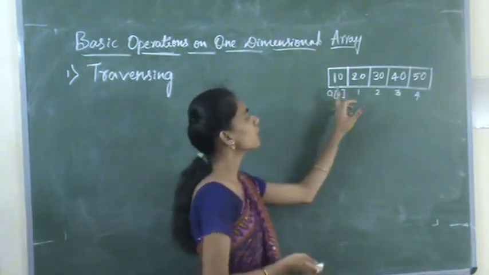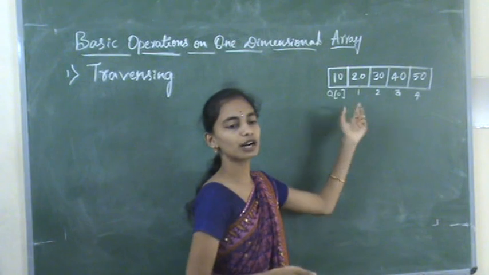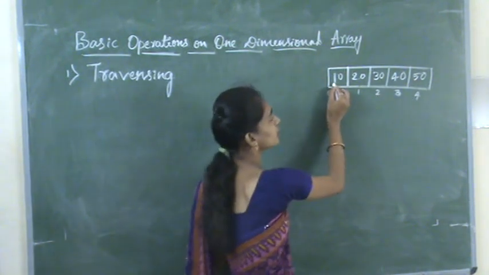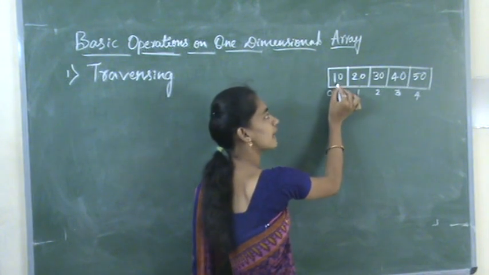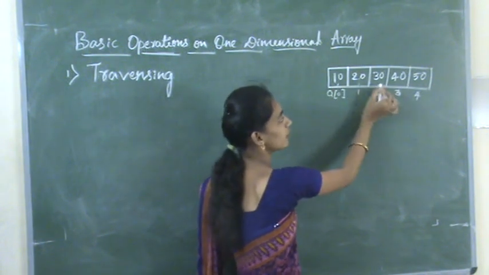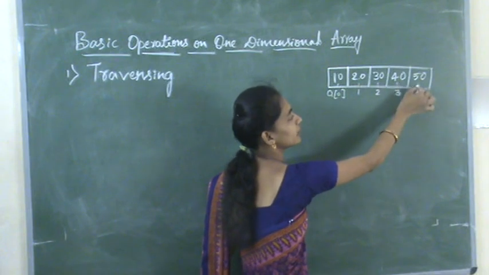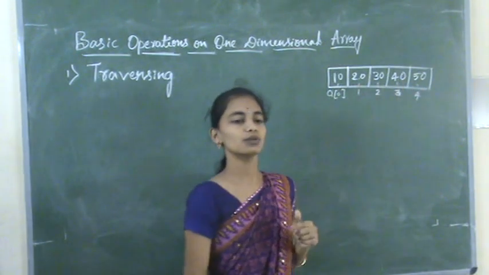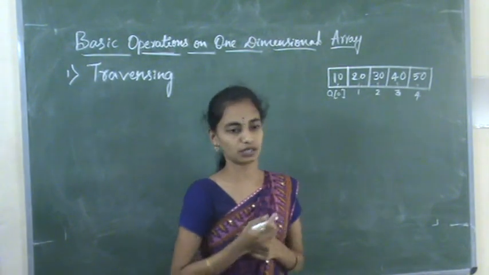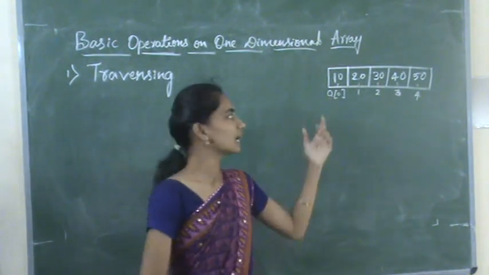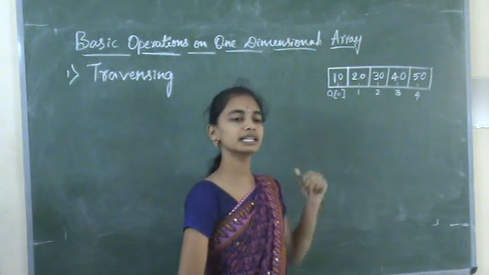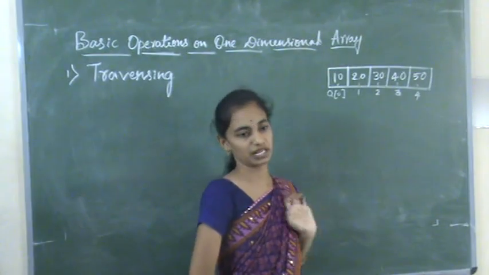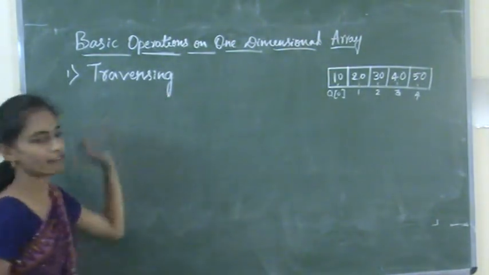If you want to insert an element or print the elements present in an array, we travel first A of 0, then A of 1, A of 2, A of 3 and then A of 4. So we are traversing an array to perform any operation. Traversing means accessing each element of an array at least once to do some operations. That we call traversing.